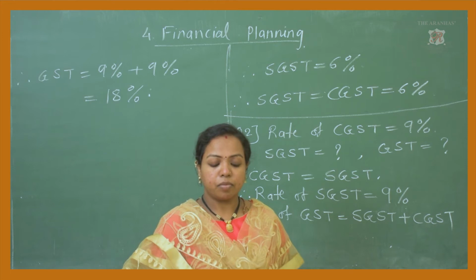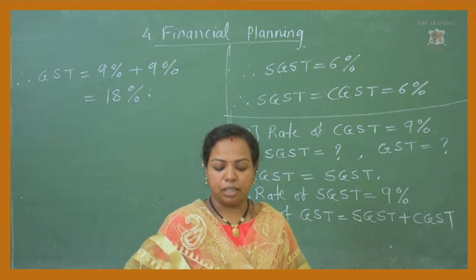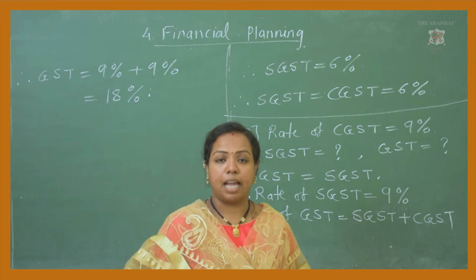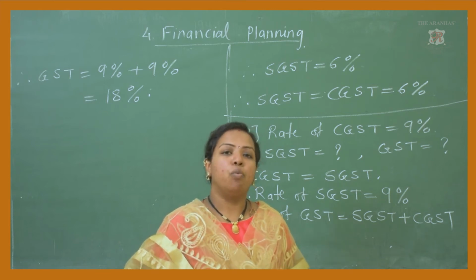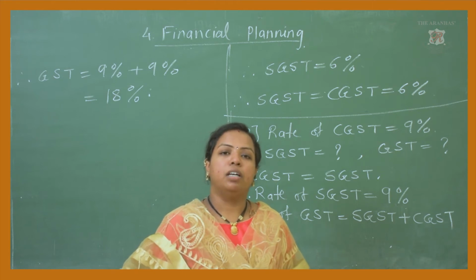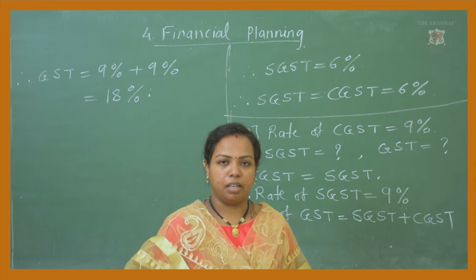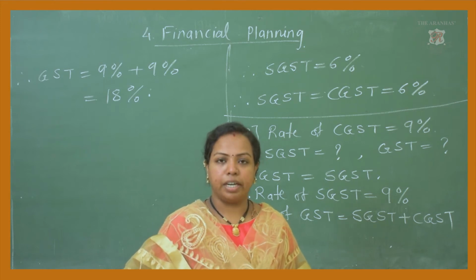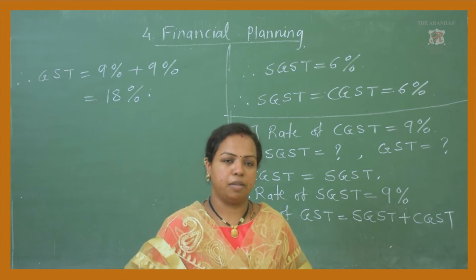Now see that, 2 tins of luster paint. We have 2 tins of luster paint and taxable value of each tin, that means only one value is given. It is 2,800. And then GST rate is given and we have to calculate SGST and CGST.